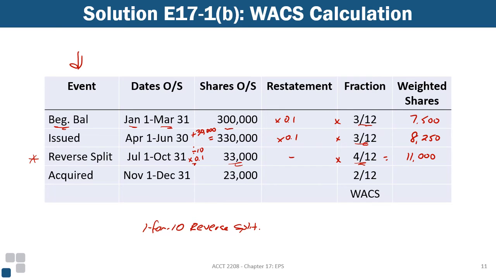And then in the last period, the company acquired its own shares, so we would subtract 10,000 shares, giving us 23,000 shares, no restatement because we're not going backwards, times 2 over 12 is 3,833 shares, and so those add up to 30,583 weighted average common shares, and we've solved part B of E17.1.